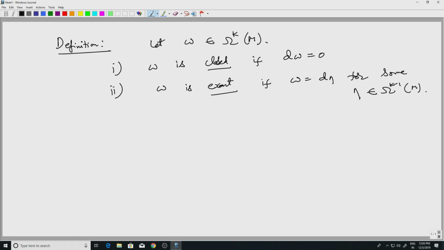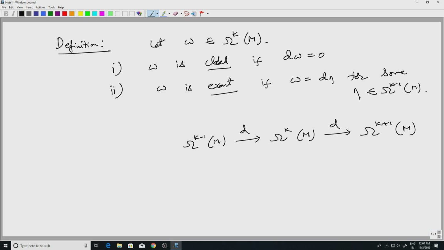So let's recall the two maps which are involved here. The d here refers to two different d's. One is from omega k minus 1 m to omega k m, and this d goes from omega k to omega k plus 1. So the first condition is that omega is closed if d omega is 0.